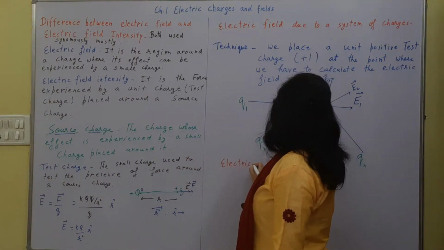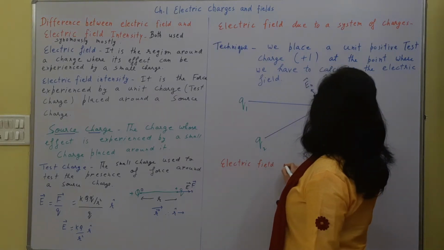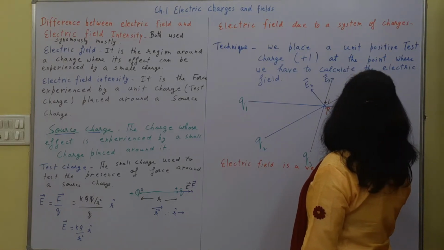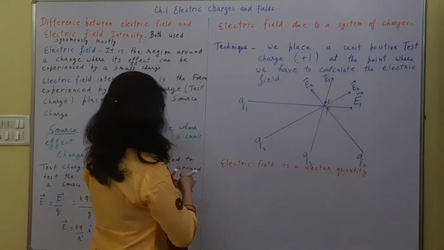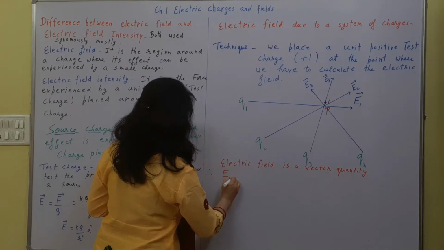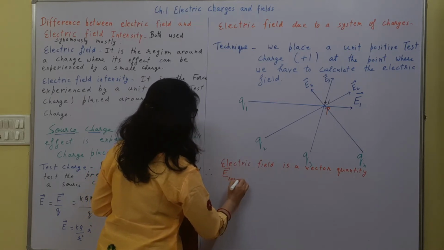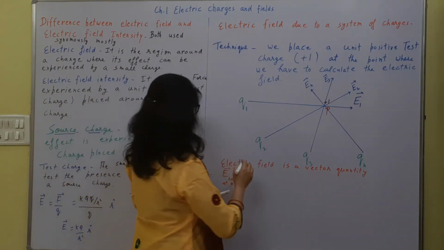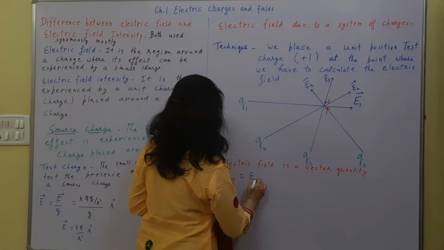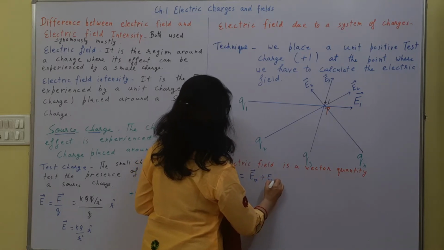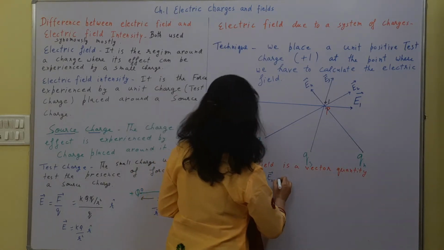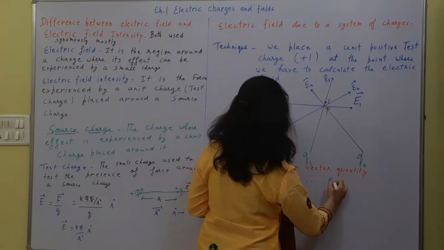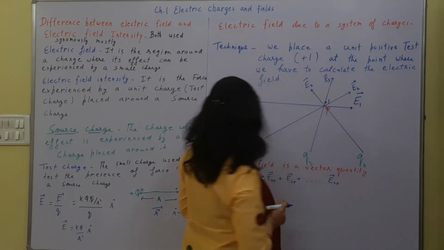So electric field is a vector quantity. So that's why the net electric field at point P will be equal to electric field due to first charge at point P plus electric field due to second charge at point P plus electric field due to third charge at point P plus and so on, electric field due to n charge at point P. Right?